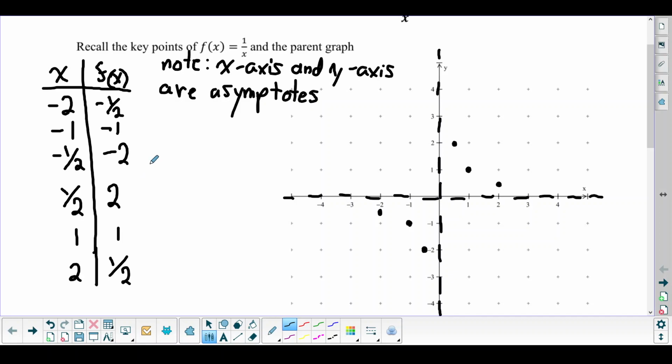So, of course, you should probably define what an asymptote is. This is a bit of a simplification of the definition, but it's more than enough for what we need for grade 11. So asymptotes are lines the graph approaches.